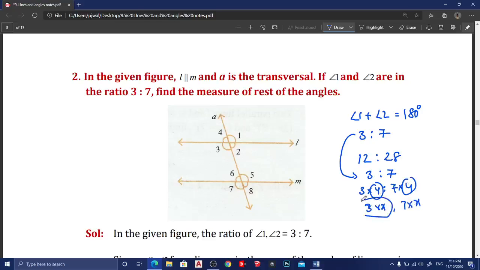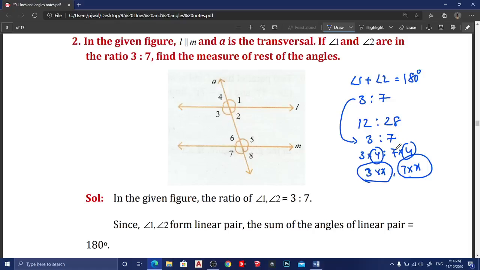So these values now you can take it as actual values of the given angles. So whenever the ratio is given in the problems, we have to write them as, by multiplying them with x, you can write them as the actual values.